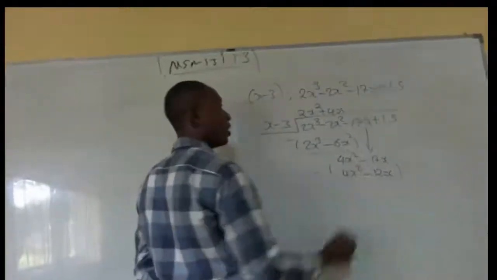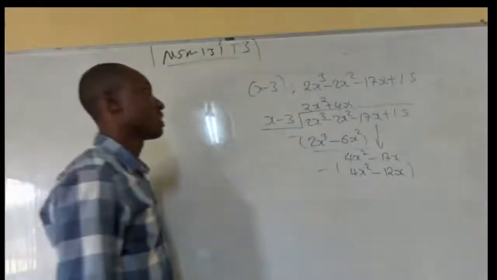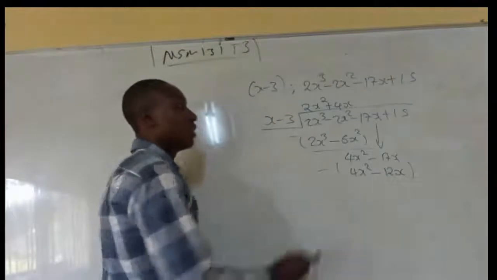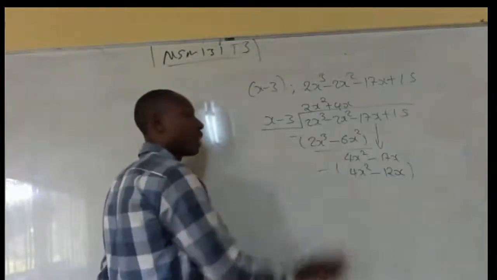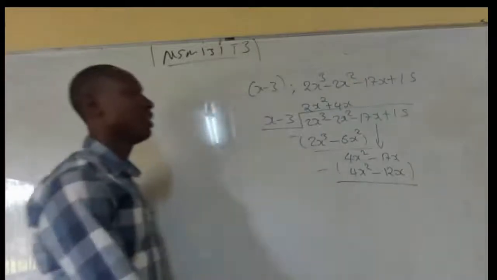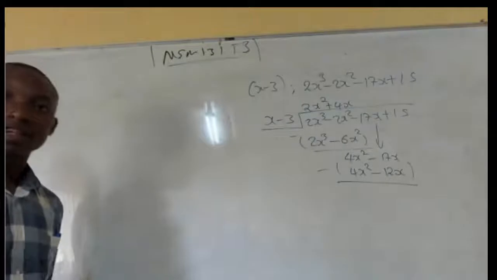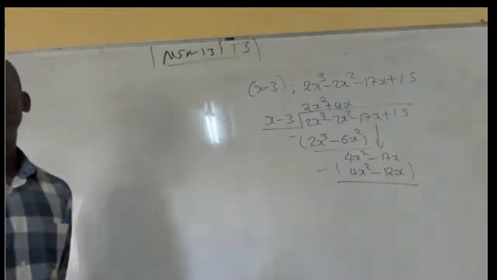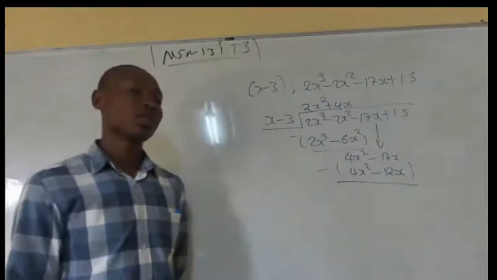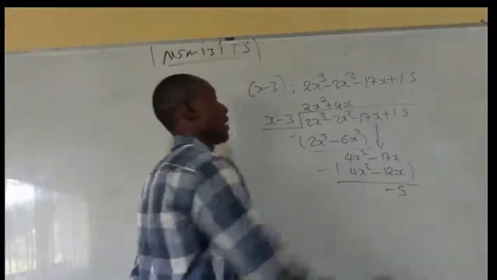Then what are we doing? We are subtracting. Since it is subtraction, 4x squared minus 4x squared is 0, and then we have negative 17x minus positive 12x, so it's like negative 17 minus 12, which ends up being negative 5x.